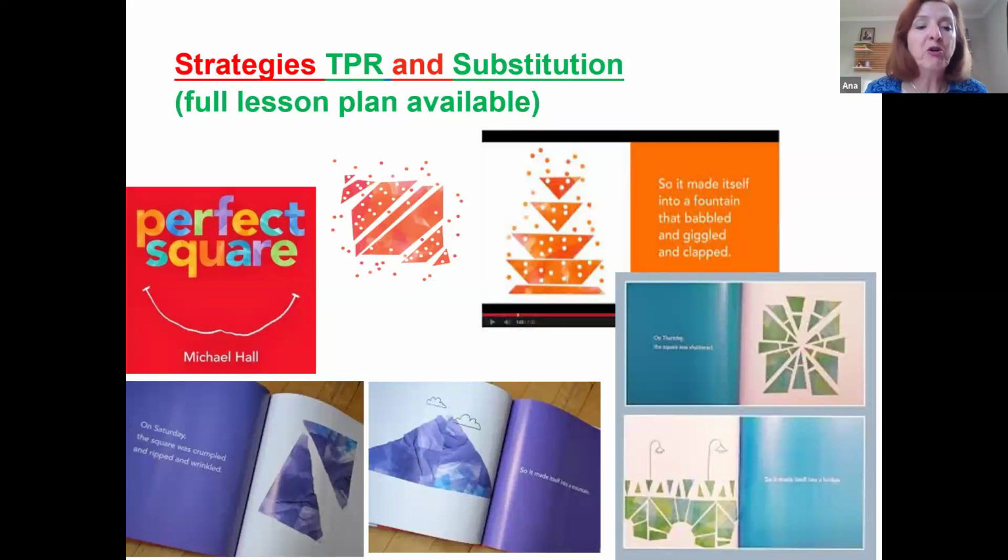So this book, Perfect Square by Michael Hall, is the one I talked about before, and it's in the passive voice, the whole book, and has a beginning, a middle, and end.